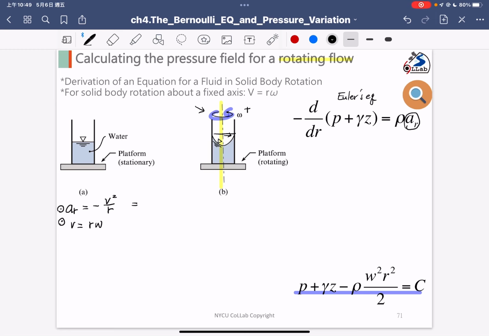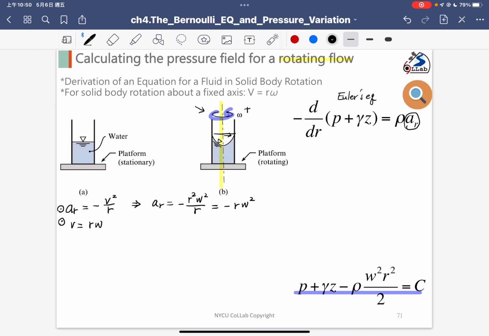So we can put in V squared, and there is minus r squared omega squared over r. So we know that a_r is equal to minus r omega squared.